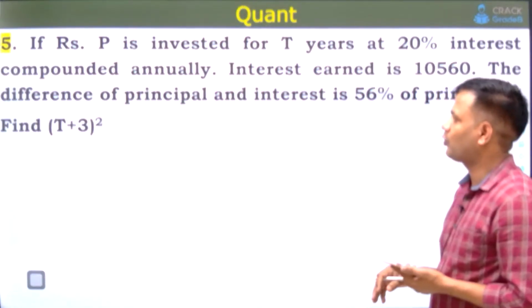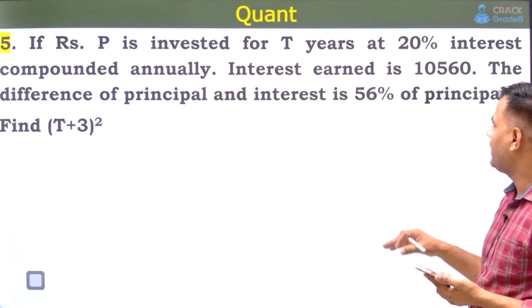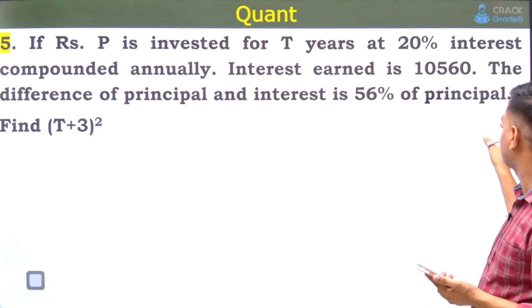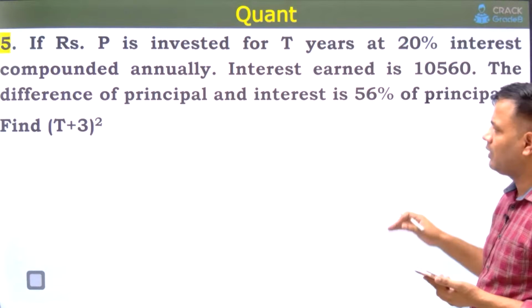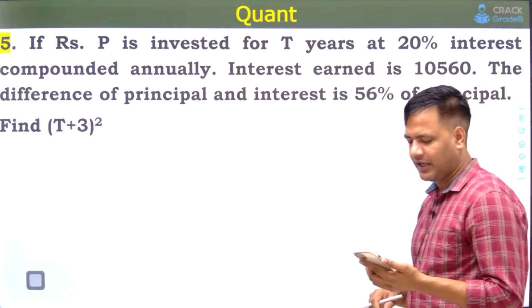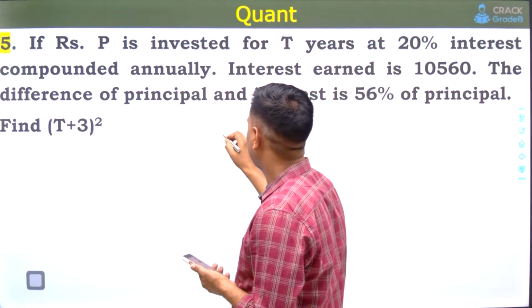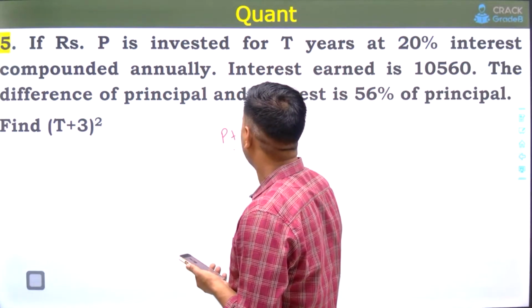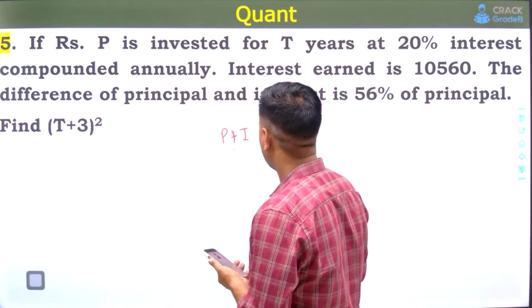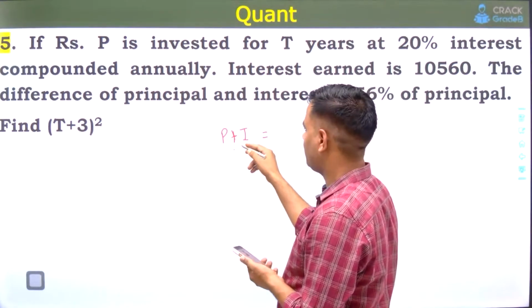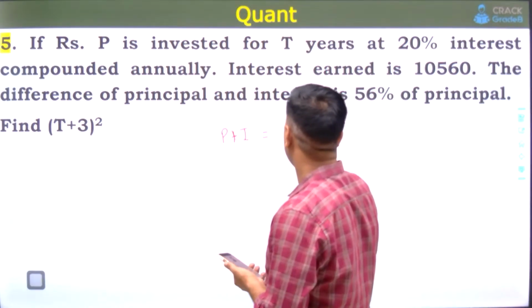Next was, if rupees p is invested for t years at 20% interest compounded annually, interest earned is 10560. The difference of principal and interest is 56% of principal. Find t plus 3 square. So simply, principal plus interest: whatever you get after the compound interest formula will be principal plus interest.